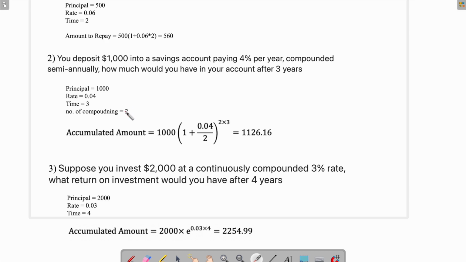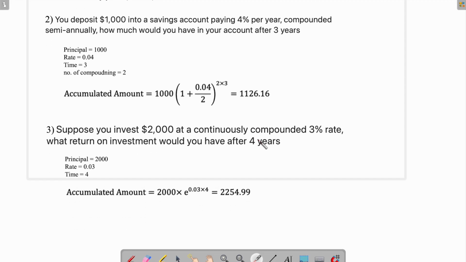So we get compounded twice a year. So we have 0.04 per year divided by 2 because we're being compounded semi-annually. Otherwise, if it was annually, this would just be 1. And then to the power of 2 times 3. And after 3 years, we would have $1,126.16 within our bank account.